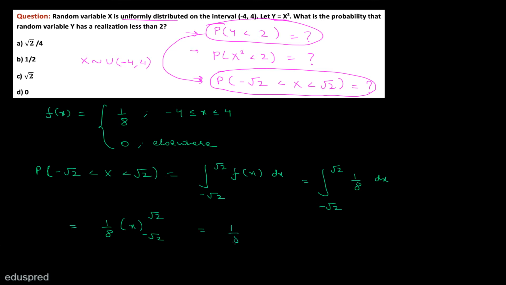So this is equal to 1 by 8, and now we just have to put these values. So this is root 2 minus minus root 2, so this becomes 1 divided by 8 times root 2 plus root 2, which is 2 root 2, and this becomes root 2 by 4.